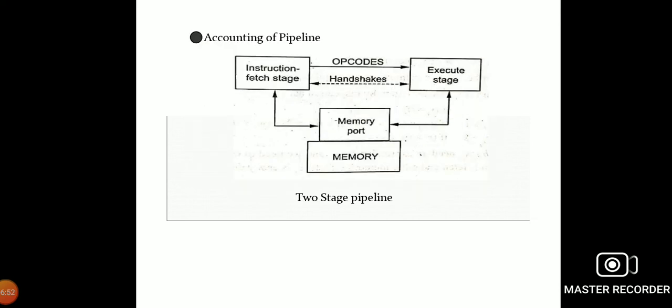Now we look at the accounting of the pipeline method. It is a two-stage pipeline: the first is the instruction fetch stage and the second is the execution stage. The instruction fetch stage generates the opcode to communicate with the execution stage using handshaking signals, which can be accumulated to the memory port or memory.